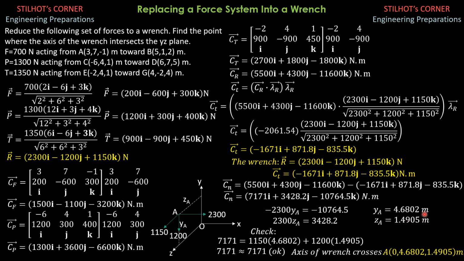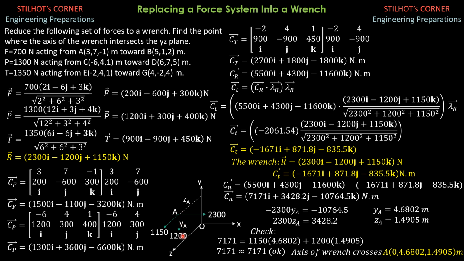So to validate these answers, let's check the moment about the x-axis, 7171. So the moment about the x-axis is equal to positive 1,150 times YA, and YA is 4.6802.